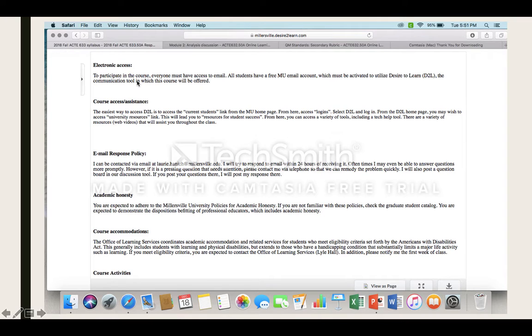Up here are the electronic and technology assistance that you can have. It talks about needing email and access to the Desire to Learn as a learning management system, which we'll be using. Since it was an asynchronous class, we used a lot of discussion boards, so making sure that you could get on to Desire to Learn was very important for our course.